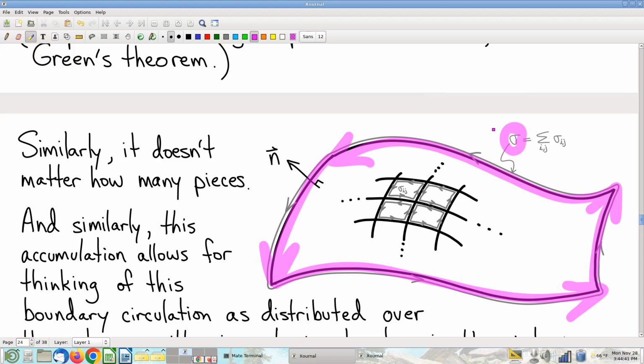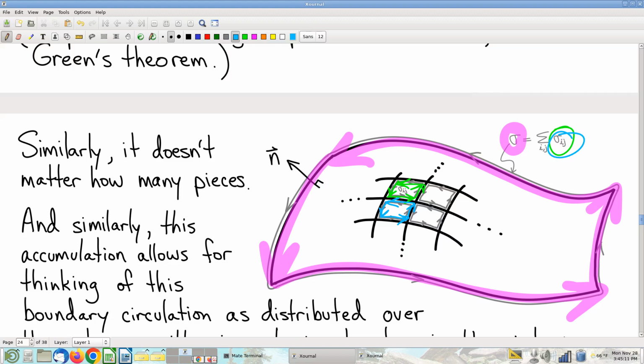And so, for example, if I'd like to know how much of this boundary circulation that I've computed on the purple comes from inside of this little green box, well, this circulation that I'm representing right there tells you how much of the purple circulation comes from inside of that green box.